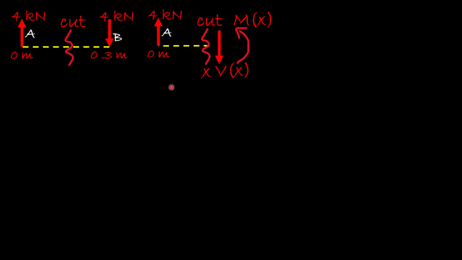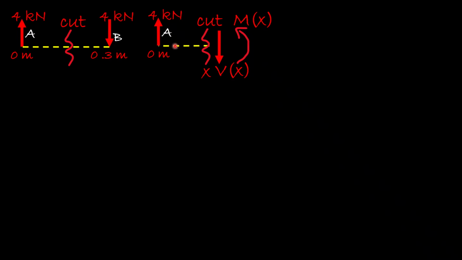The next step toward finding the shear moment diagram is to deal with each section by itself. So here we have section AB, and here we start from the 0 meter going all the way to B at 0.3, and along the length of section AB we want to make a cut.